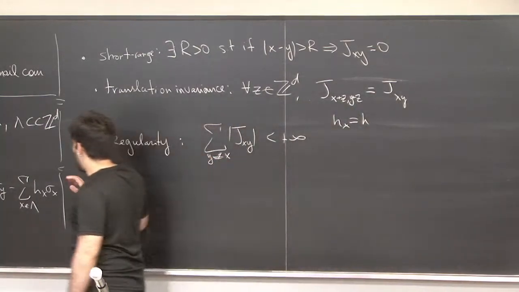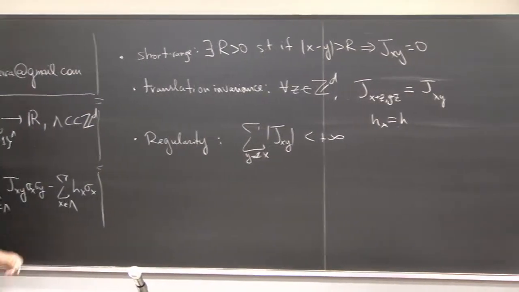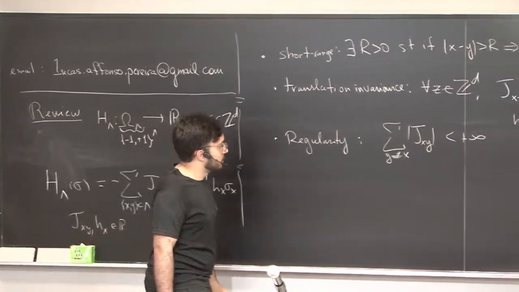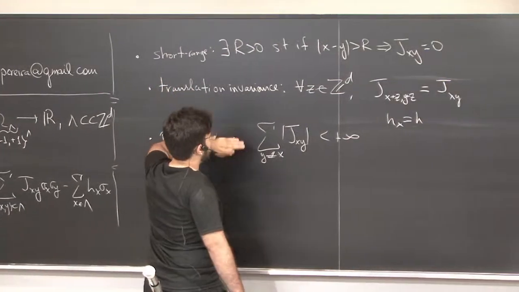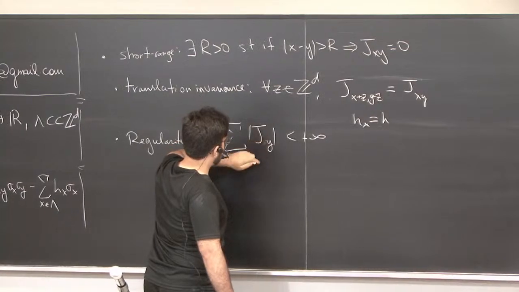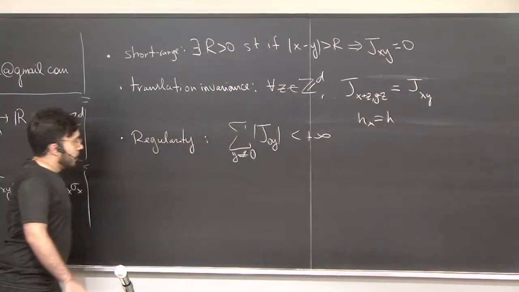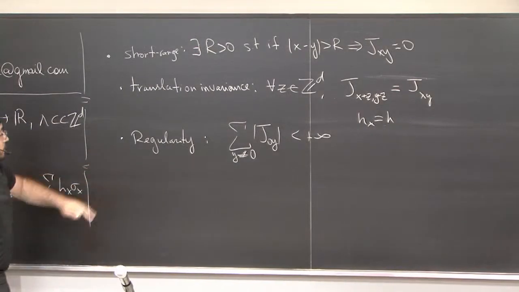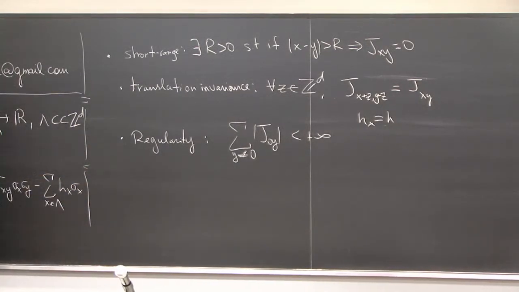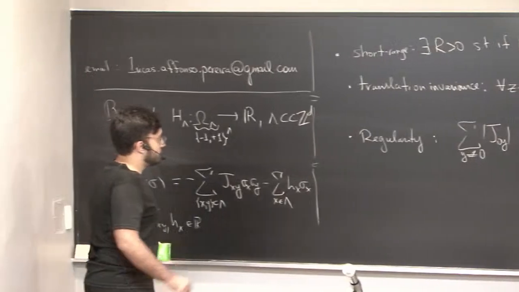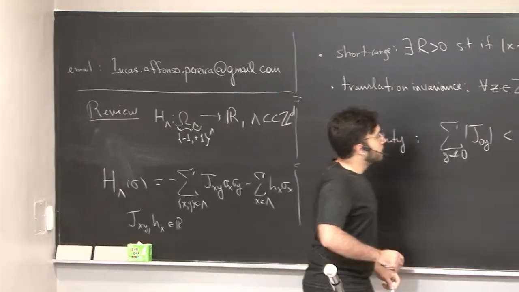This is important actually for the long range case. For the case of a short range interaction, this is easy for a translation invariant and short range interaction. You just need to check this. And this regularity actually puts a constraint on the decay of long range interaction that we will be talking about today.